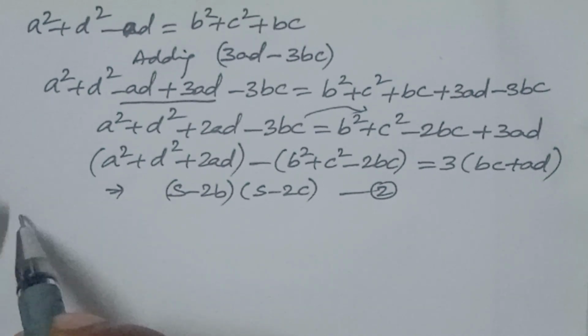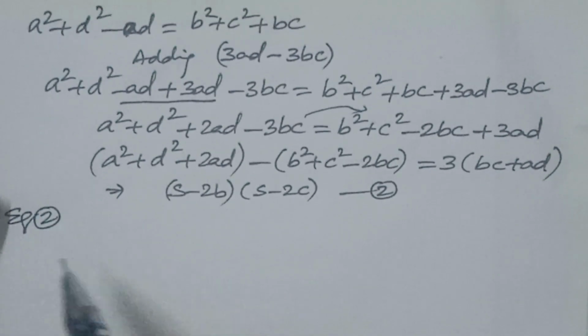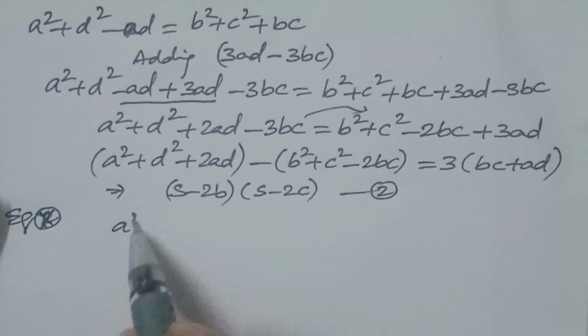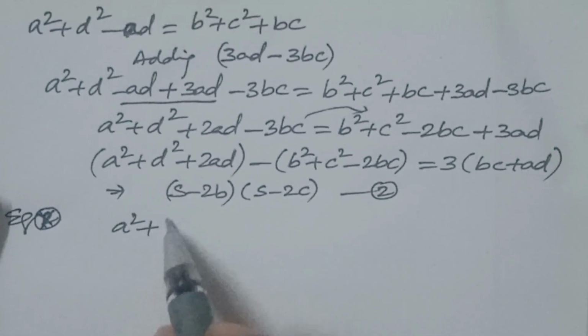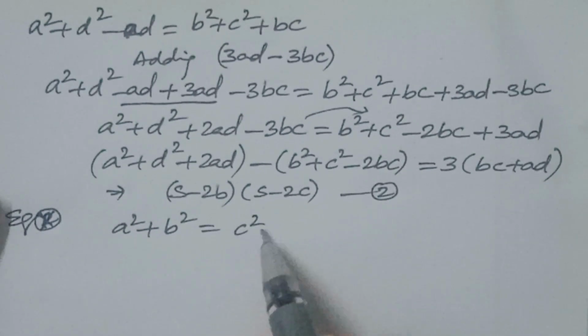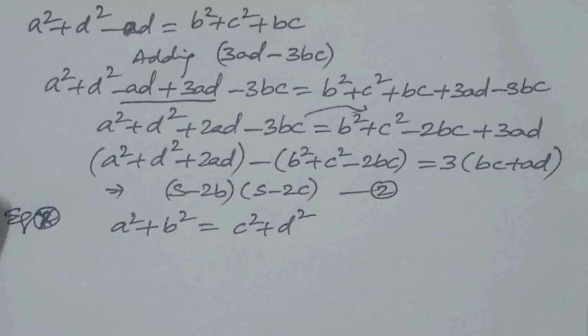Now equation 2 we are taking. Equation second one, what is given? A square plus B square is equal to C square plus D square.